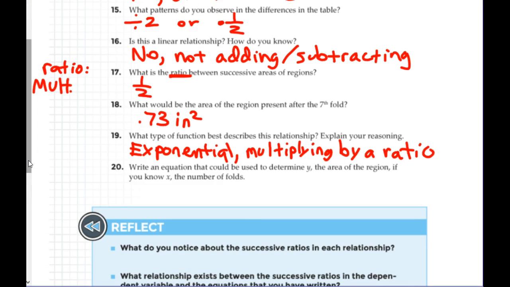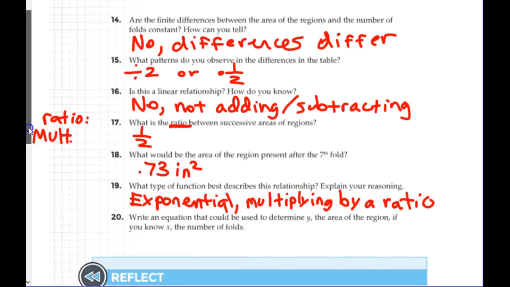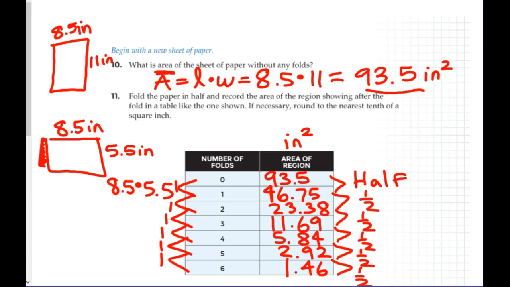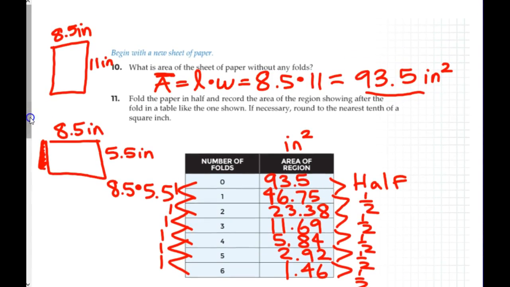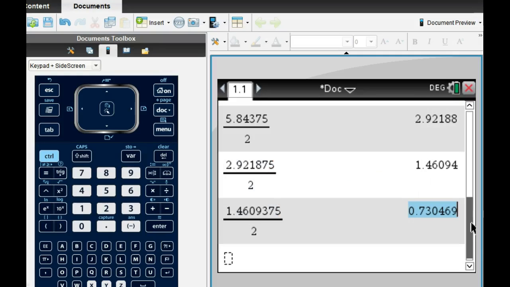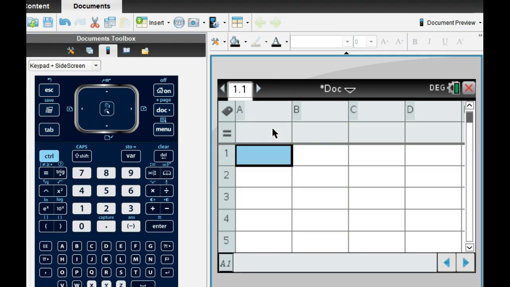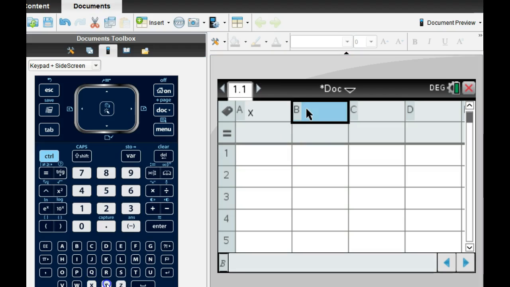And then we need an equation. So once again, we're going to put three pairs into the list and spreadsheet so we can get our equation. So let's do that. So we go to list and spreadsheet, X and Y at the top.